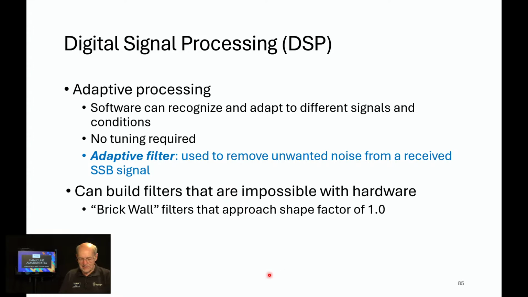That would be like the noise filter button on your radio. So you can build filters digitally that are completely impossible with pure hardware. I mentioned the brick wall filter, with extremely sharp cutoff or skirts, which can approach a shape factor of 1.0 in digital.